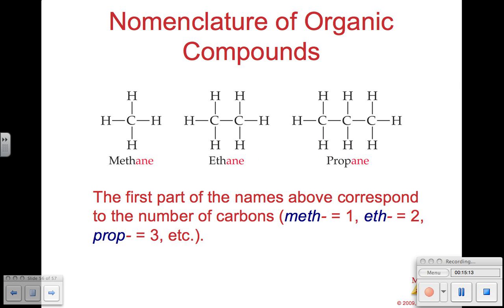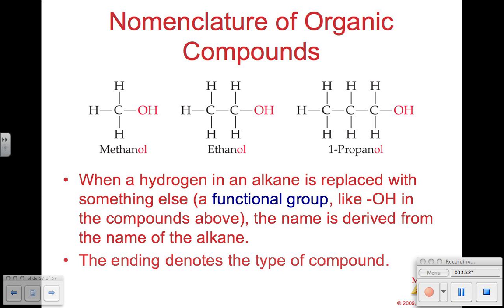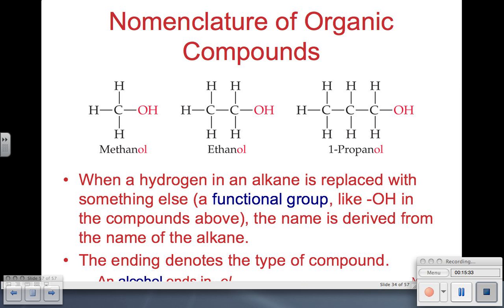So you have alkanes, and then meth, eth. And when you have functional groups, it changes the name of the organic compound. So methanol, ethanol, 1-propanol. Isopropanol would have the oxygen or the OH group on the middle carbon. So it changes depending on how the compound ends. And we've looked at that in first year chemistry.